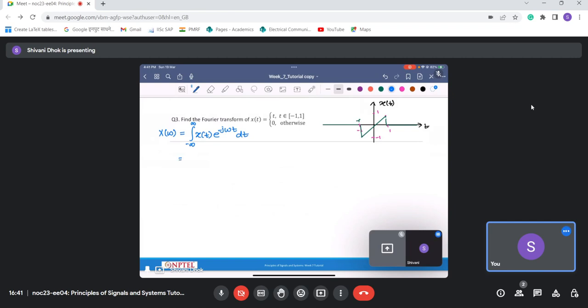This is equal to the integral of this signal, which is non-zero from minus 1 to 1, so I can simply write it as integral from minus 1 to 1 of t e^(-j omega t) dt, and the integration of this is simply minus t e^(-j omega t) upon j omega minus e^(-j omega t) upon (j omega) square, from minus 1 to 1.